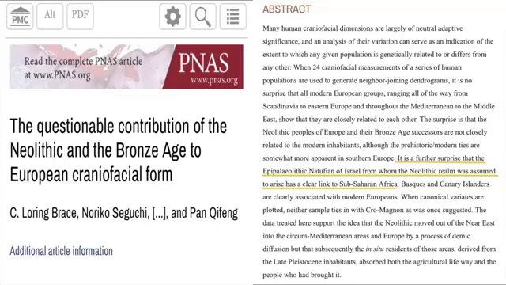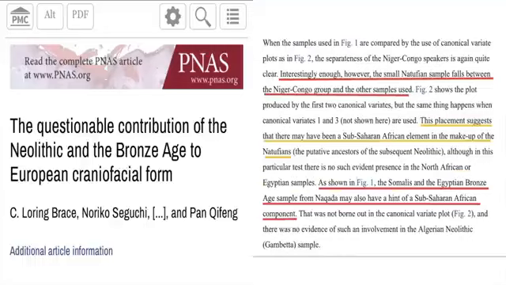So this paper right here actually deals with the Natufian phenotype as well. The questionable contribution of the Neolithic and the Bronze Age to European craniofacial form. And so it says, it is a further surprise that the Epipaleolithic Natufian of Israel, from whom the Neolithic realm was assumed to arise, has a clear link to sub-Saharan Africa.